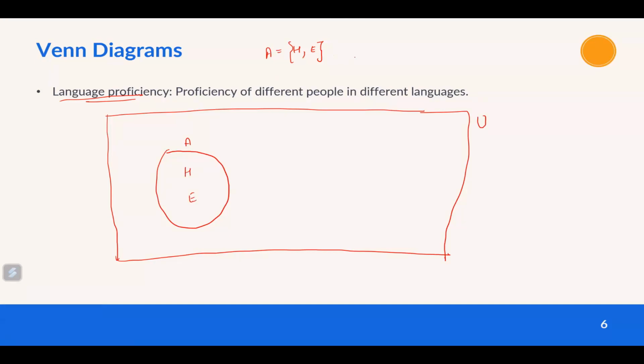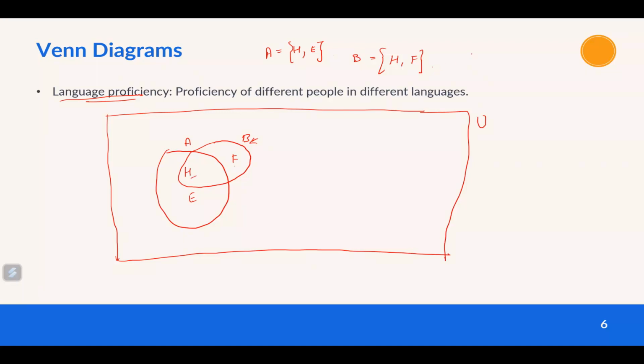Then we have a set B, or a person B whose preferences are Hindi and French. So this Hindi will be in the set of languages spoken by the person B, and French will be here. So this set B represents the languages spoken by this person B. So he speaks Hindi and French.